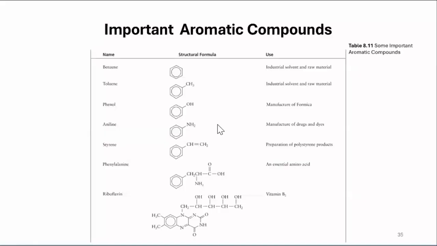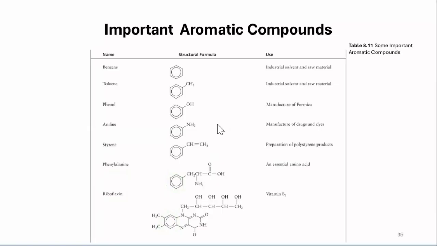Aromatic compounds are very important in biology. And later in the semester, we're going to see how we can have benzene rings in amino acids like phenylalanine. We can have benzene rings in vitamins like in riboflavin, which is vitamin B2.